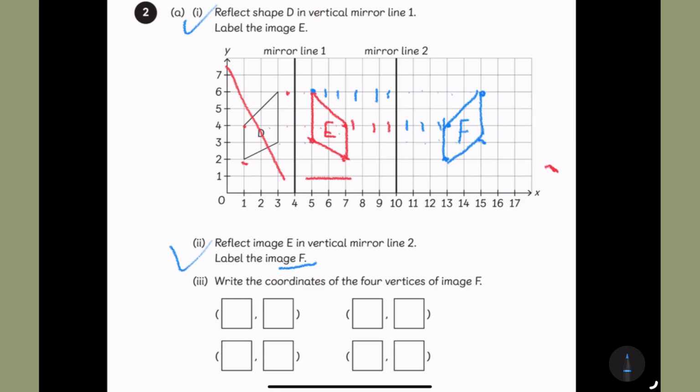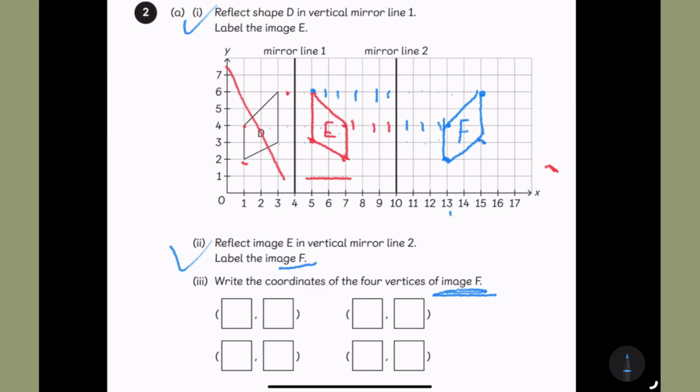Write the coordinates of the 4 vertices of image F. Okay, everyone? We are writing the coordinates for the image F. All right. Therefore, let's start. I can begin from the bottom. However you can, it's fine. The order is not necessary to be in a proper clockwise or anti-clockwise. It can be anyhow. Okay.